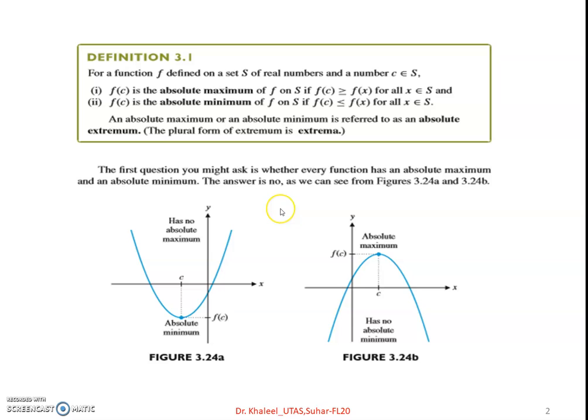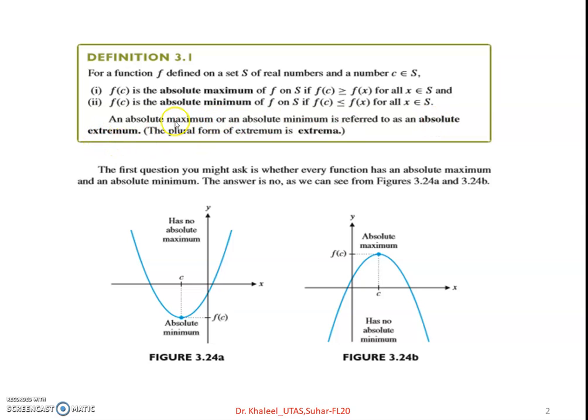But before I move on to the next, you have to be a little careful about the words, or you can say the singular and plural terms of these. So check here: maximum is singular, maxima is plural; minimum is singular, minima is plural. Absolute maximum or absolute minimum is also called an absolute extremum.